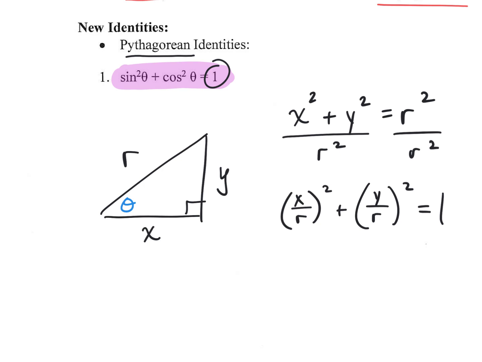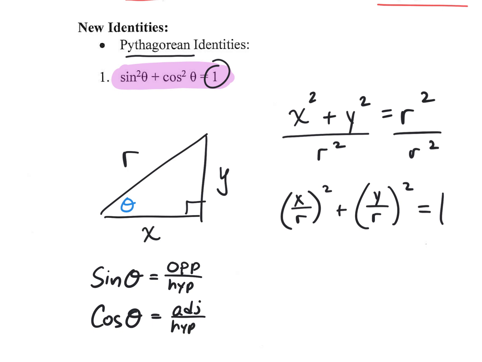So we've gotten a little bit closer here, and then we're going to use our last bit. We're going to use the fact that sine we know is opposite over hypotenuse, and cosine is adjacent over hypotenuse. Well, in this particular triangle that we've drawn, our opposite side is y, our adjacent side is x, and r is our hypotenuse.